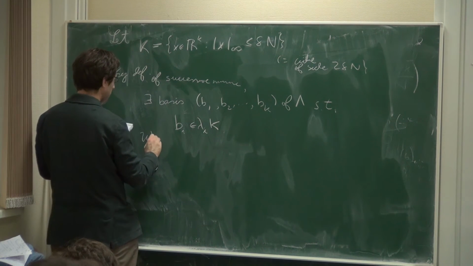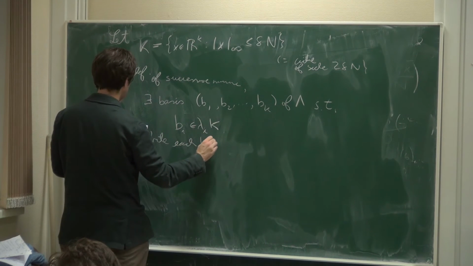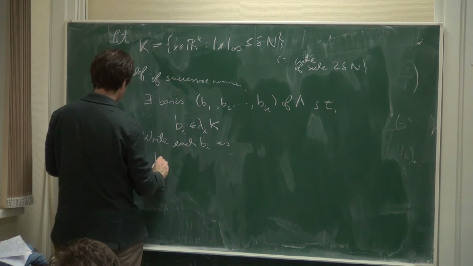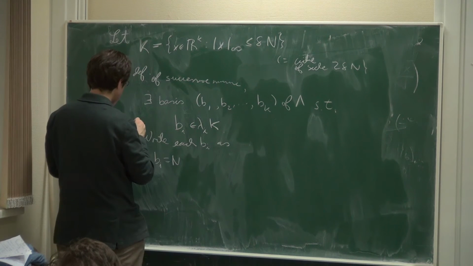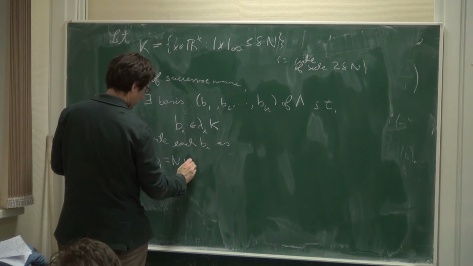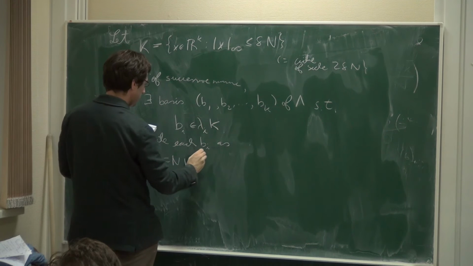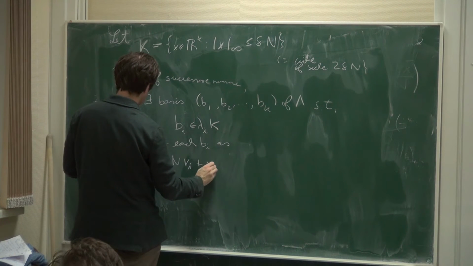So, write each bi as something in the multiples of n plus a multiple of the vector.